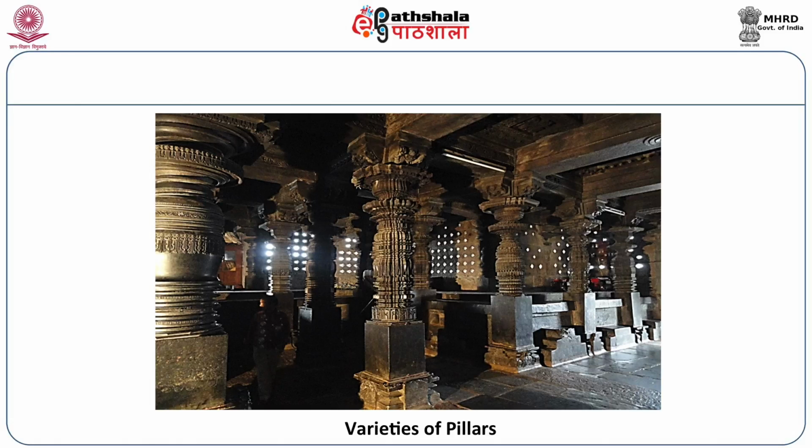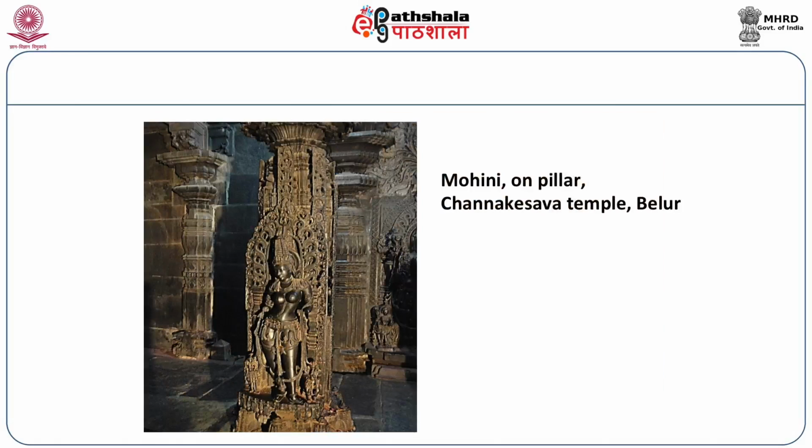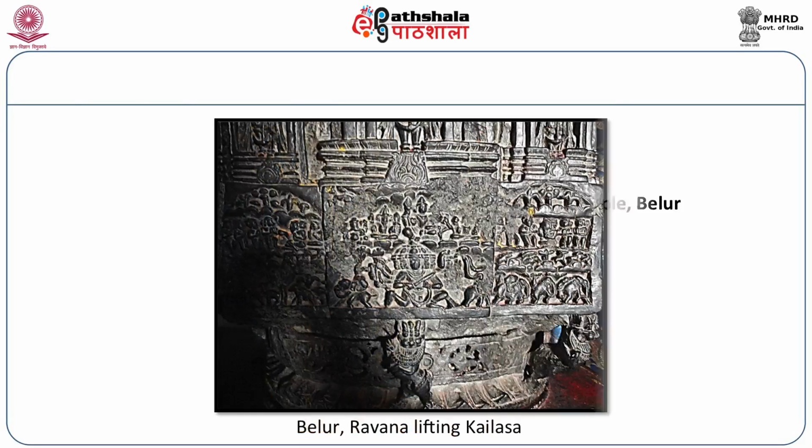You will see here the interior of the hall of the Chanakeshava temple at Belur, which has a number of different forms of pillars. One of the pillars in the Belur Chanakeshava temple is carved with the sculpture of Mohini. It is considered to be a masterpiece in Hoysala sculpture. This is a detail on another pillar of the same temple wherein Ravana lifting Kailasa is shown.